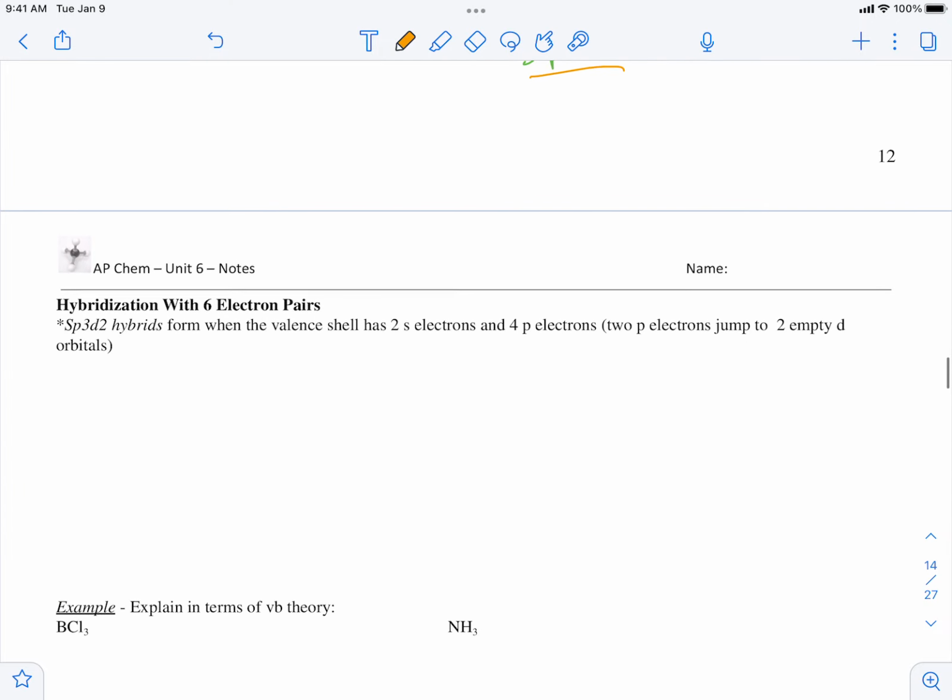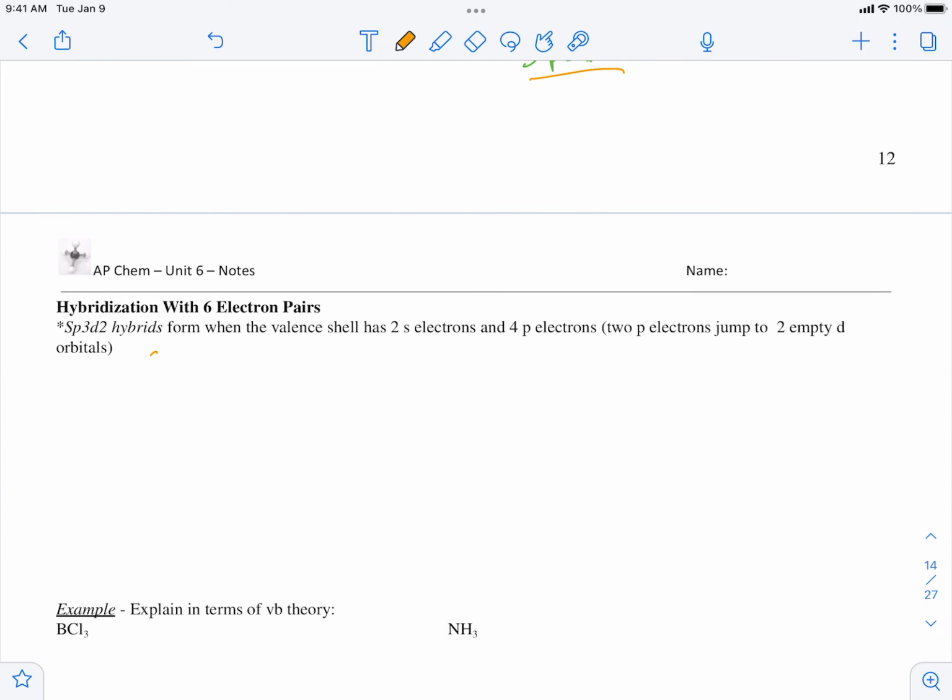Okay, and so the last, something like SF6. Sulfur has 6 valence electrons natively, but clearly we see it's in a molecule with 6 bonds. So it's going to use its d subshell.